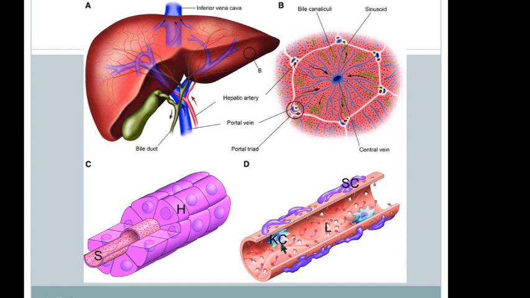This KC is the Kupffer cell, and SC is the stellate cell present on the surface of the sinusoid. Okay, so this is the functional anatomy of the liver. Hope everything is clear till now.